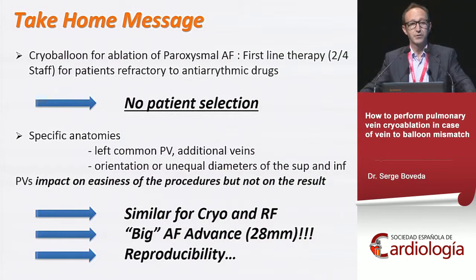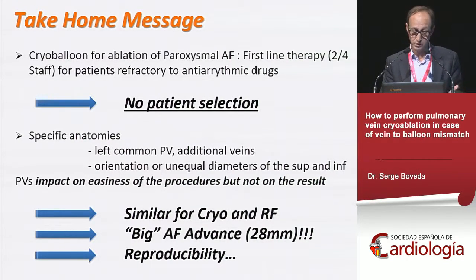So, to conclude, in our center, and I believe that for cryoablation, we don't have to think about patient selection. We are not doing patient selection since ever, I have to say, and it works. For the specific anatomy, I agree with you that it can be difficult, but it is also difficult for radiofrequency, not only for cryo, and you need maybe more skills to be more efficient with radiofrequency than with cryo.